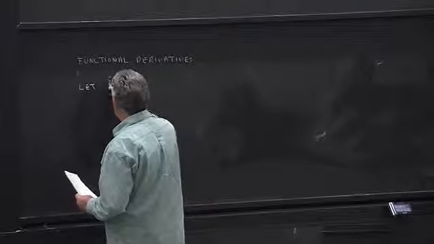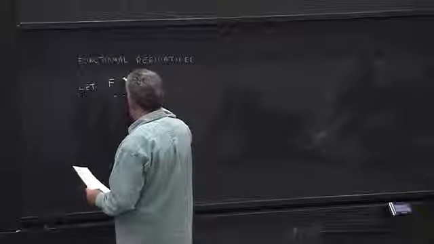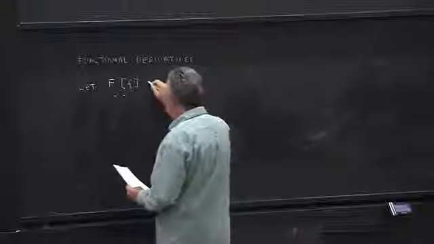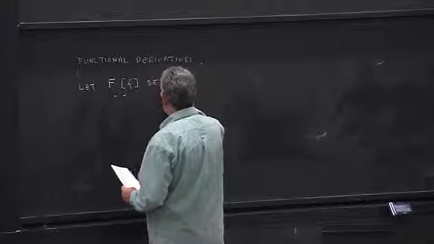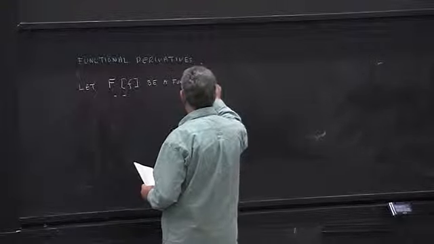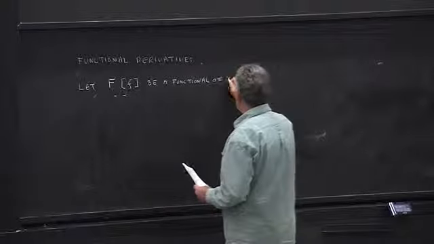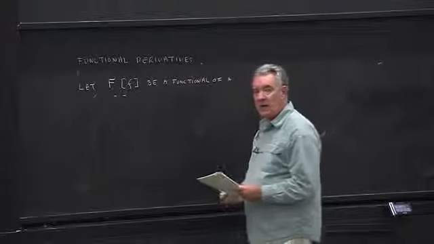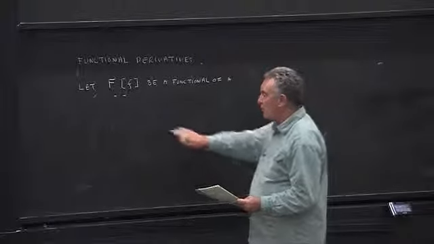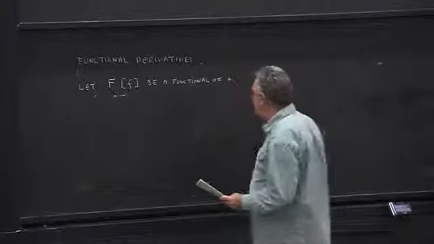So let capital F square brackets little f be a functional of a function phi. And the typical case we're going to be looking at is where S is the action and phi are the fields.